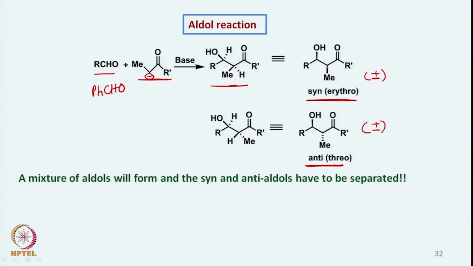So we can expect either this syn product, which is called the erythro product, or the anti product, which is called the threo product. So if we carry out this aldol reaction, it will form this mixture from which syn or anti aldols need to be separated.